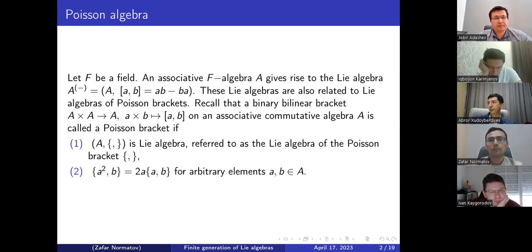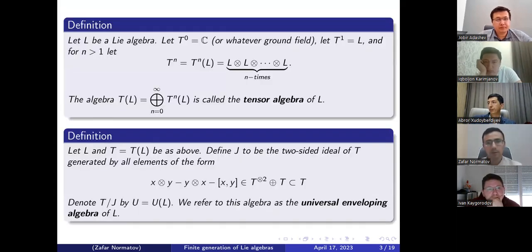Next. Before continuing to present the results, we should understand what the tensor algebra is and what the universal enveloping algebra is. So let L be a Lie algebra. We make the following notation.